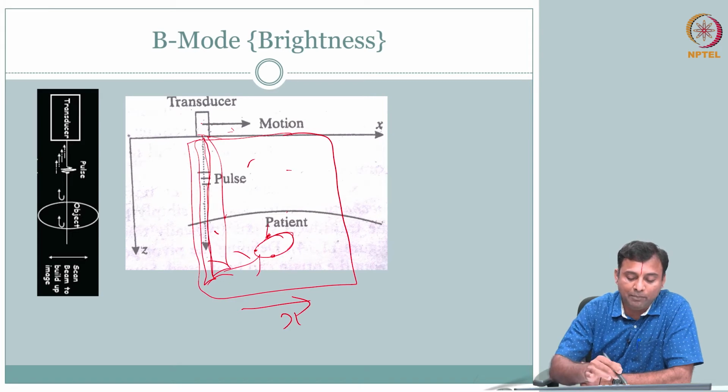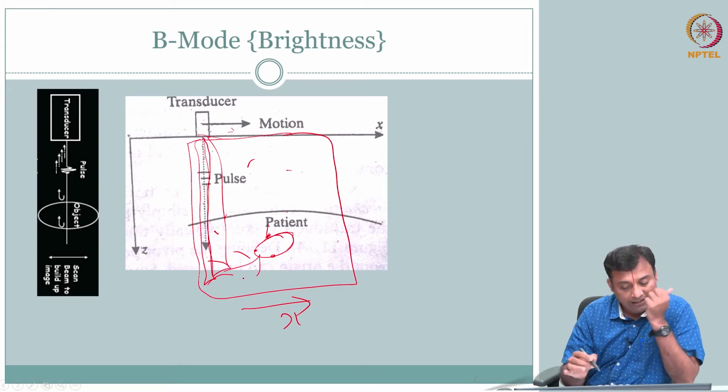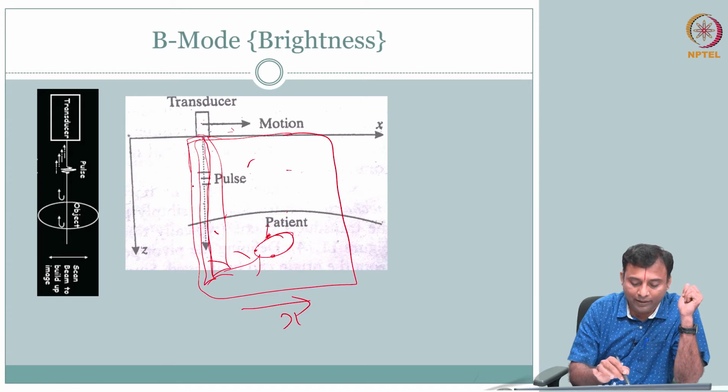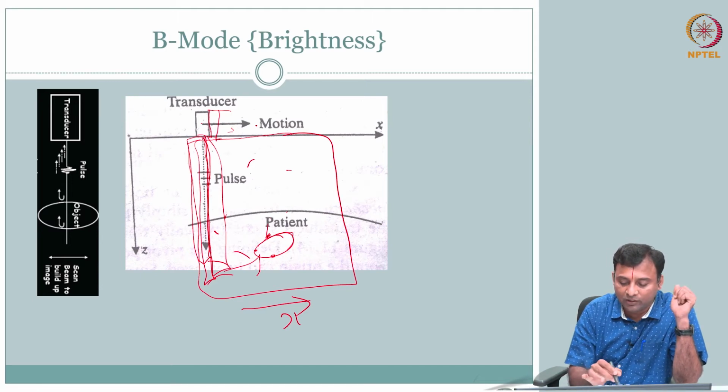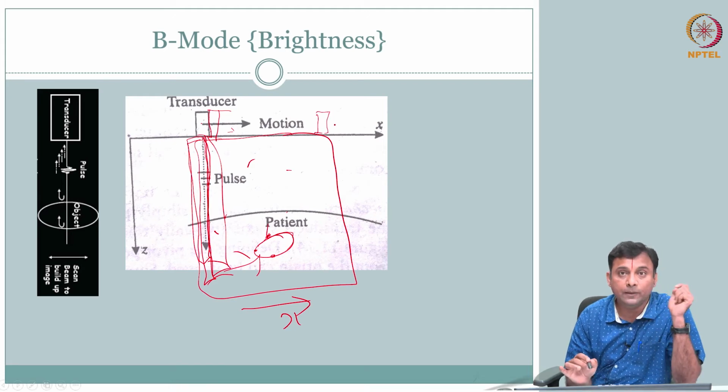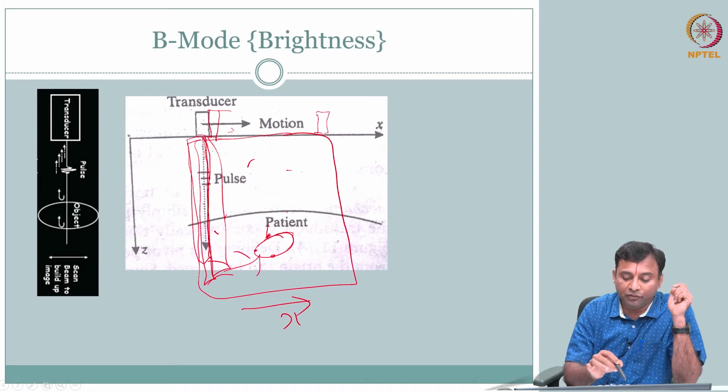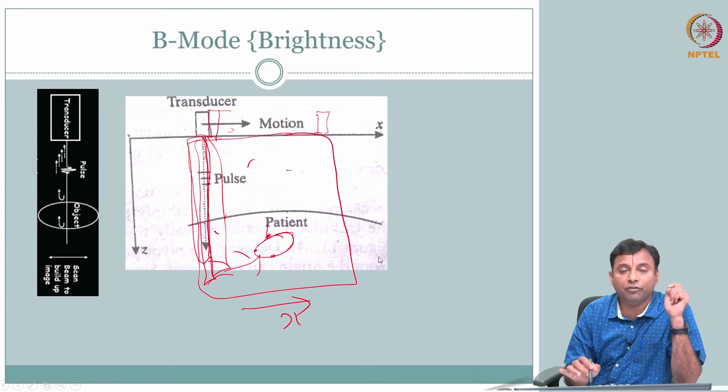The idea is I am building this image line by line. First I get one time trace here, next this transducer is moved like this, and I get the next. Let me not clutter it here. You do the same process, say I am here. So I can have different lines stacked next to each other, and I can form an image.